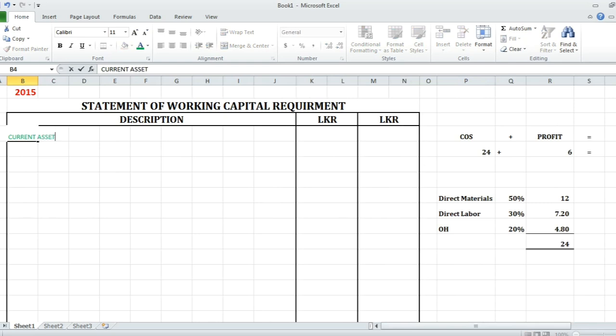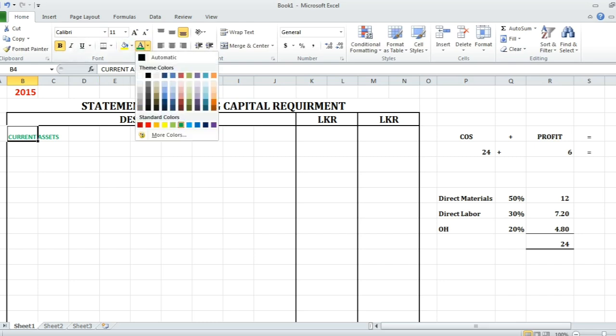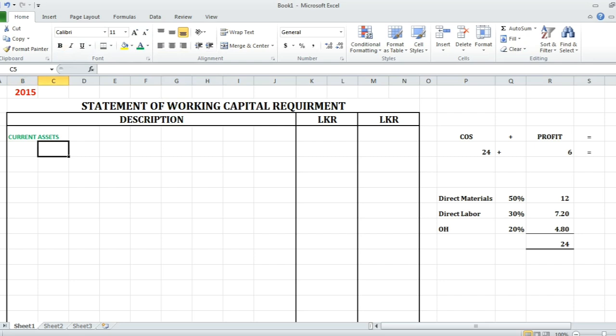Current assets, inventory value. First, raw material.